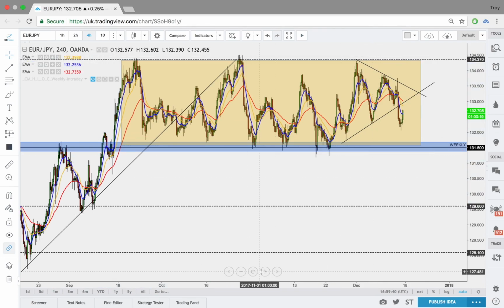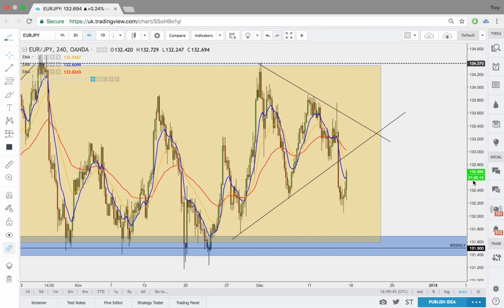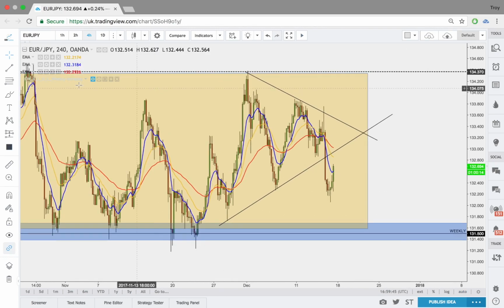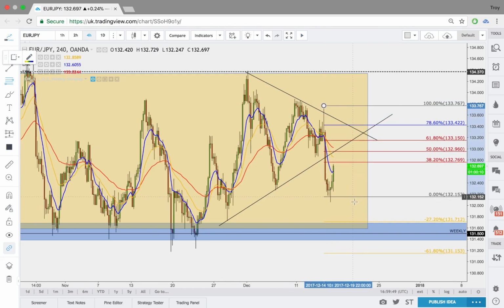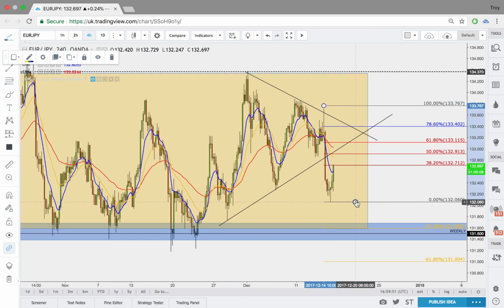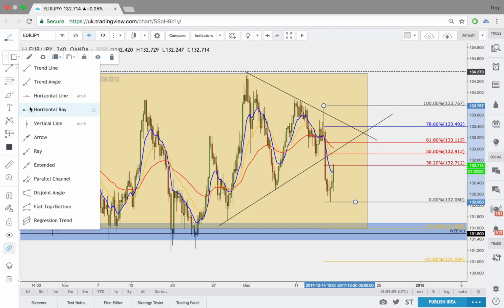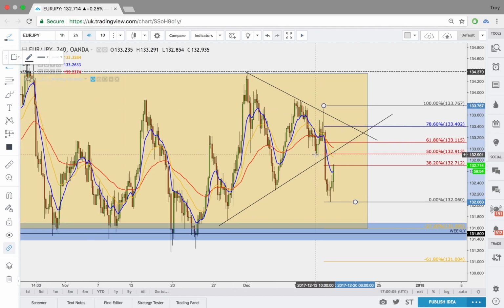Okay, so Fibonacci can help you trade in either direction, against the trend, with the trend. If you are trading against the trend, just be careful. Okay, so here we have, look for price to retrace to here. I don't want to get the box colors confused, so I'll put it as a horizontal ray, just here, maybe a bit lower.